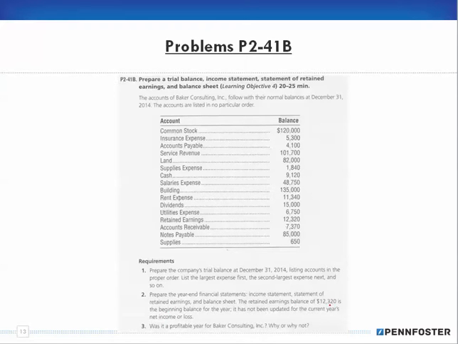The retained earnings balance of 12,320 at the beginning of the year has not been updated to the current year's income or loss. And 3, was it a profitable year for Baker? Right. So what they're saying is, okay, here are our accounts, and these are the balances in those accounts. So we're going to need to create a trial balance.